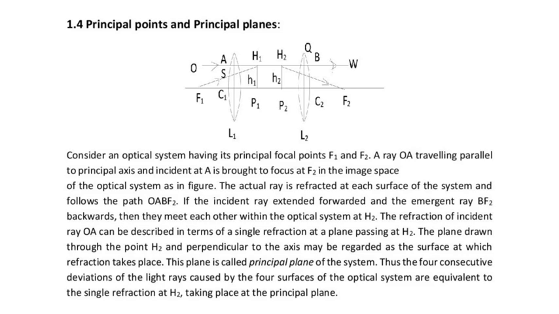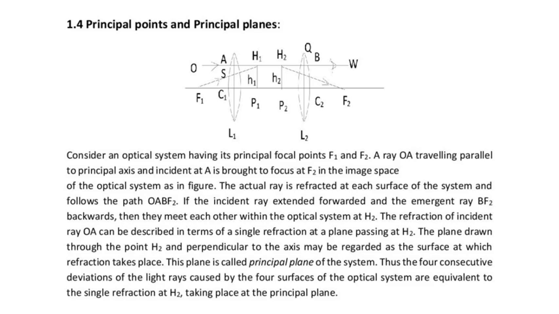The refraction of incident ray OA can be described in terms of a single refraction at a plane passing through H2. The plane drawn through the point H2 and perpendicular to the axis may be regarded as the surface at which refraction takes place. This plane is called the principal plane of the system.